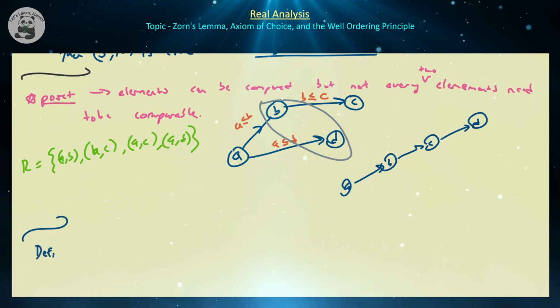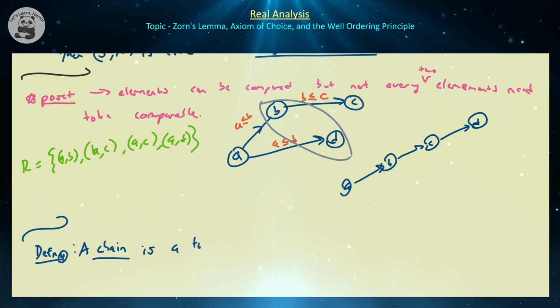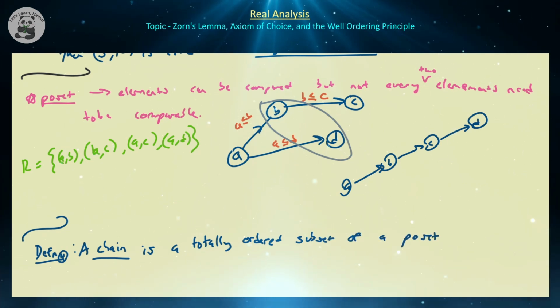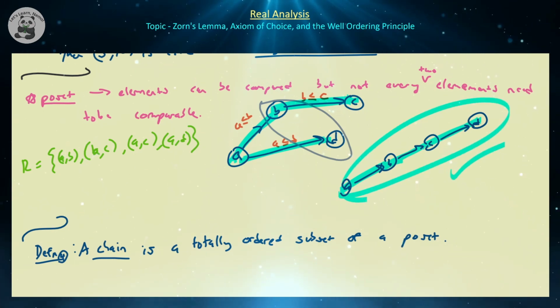Definition number 4: a chain is a totally ordered subset of a po set, right? So in this previous example, A, B is a chain, B, C is a chain, A, B, C is a chain, A, D is a chain in that first diagram, and here A, B, B, C, C, D, A, B, C, D, that whole entire thing is a chain, right?